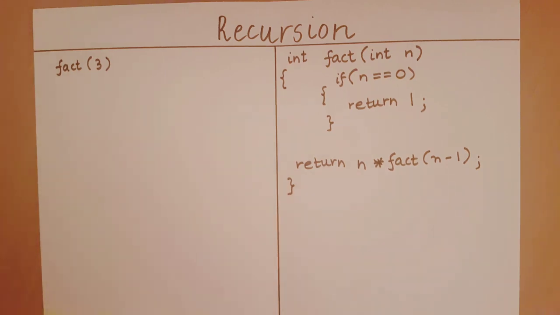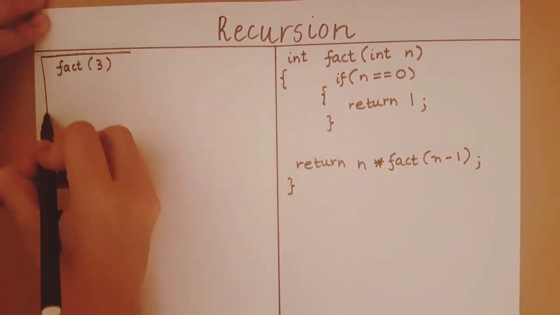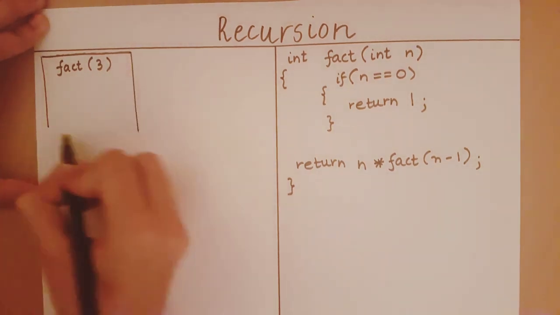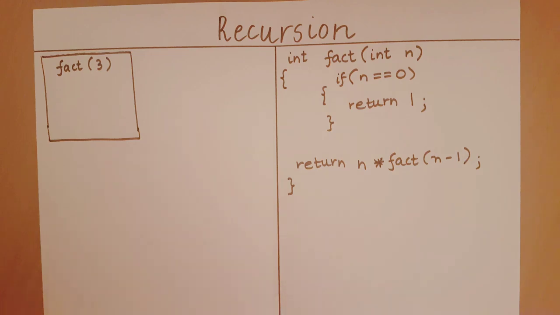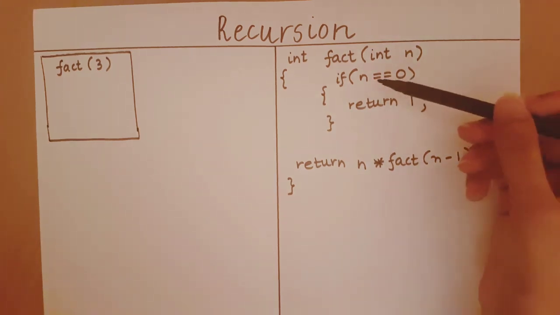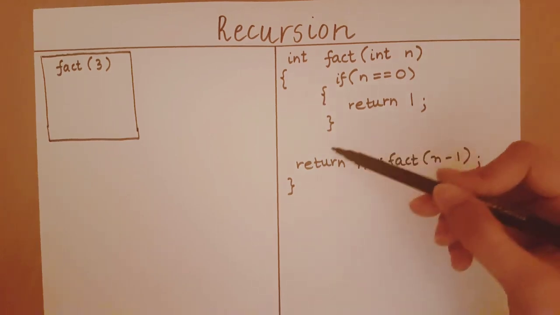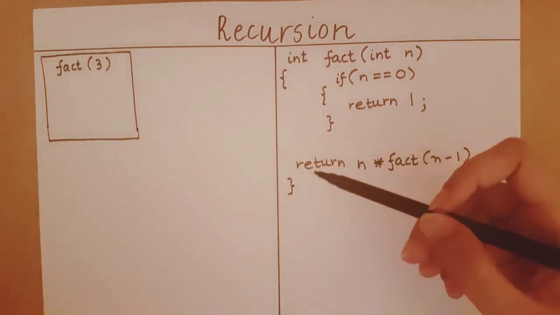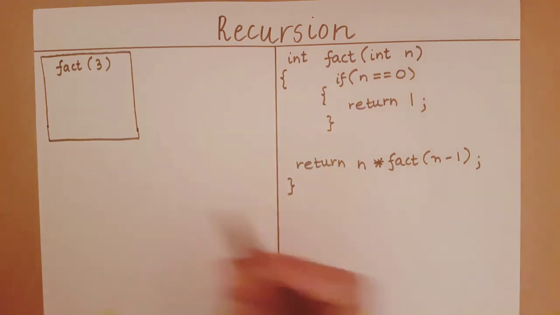I'm going to give a box to this function call. So what does this function call do? N is equal to 3, it's not equal to 0, so we don't go through this line of code. What do we have to return? We have to return n into factorial of n minus 1.